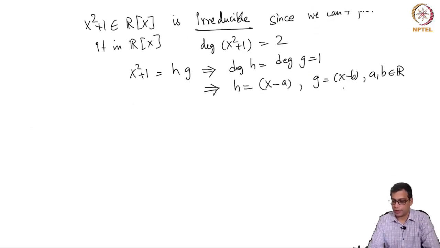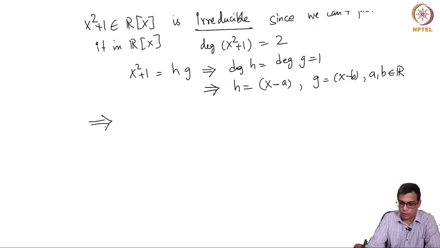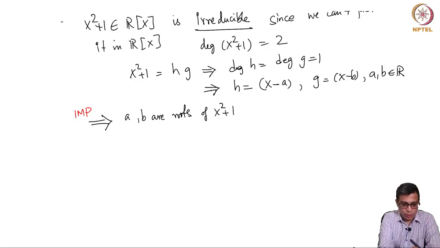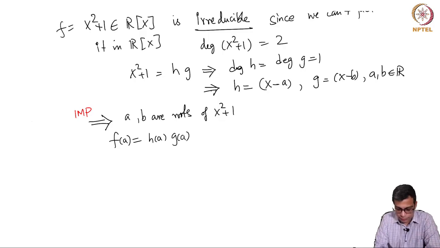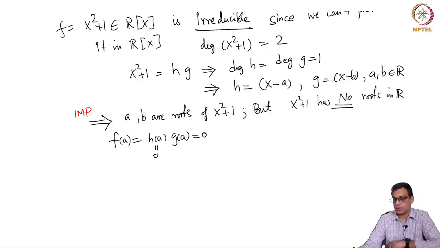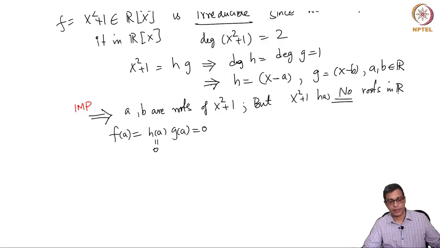But then this is the important observation: a and b are roots of x squared plus 1, because if you call this f, then f(a) is h(a) times g(a), which is 0 because h(a) is 0. But of course you know x squared plus 1 has no roots. So I have essentially proved that it is irreducible because it doesn't have roots.